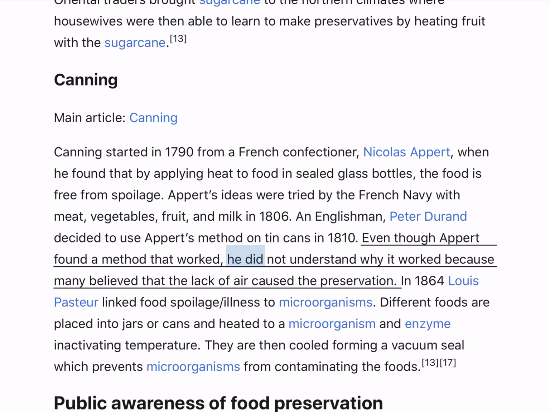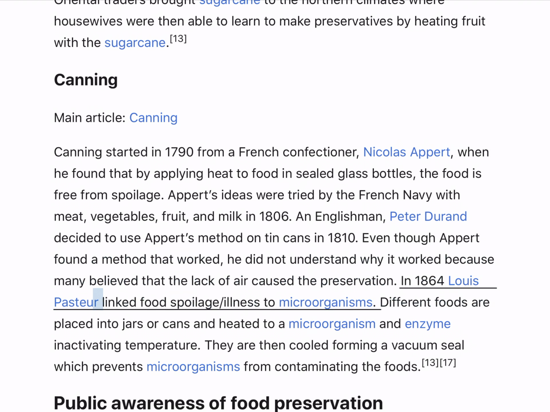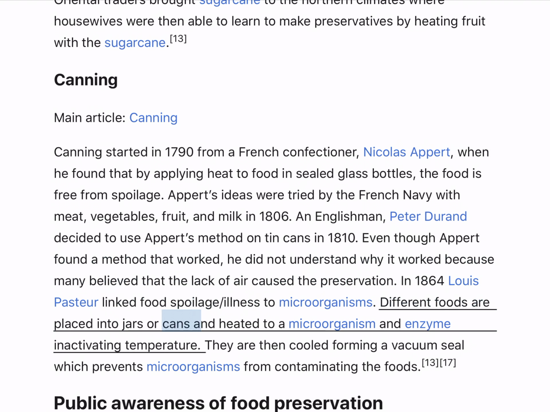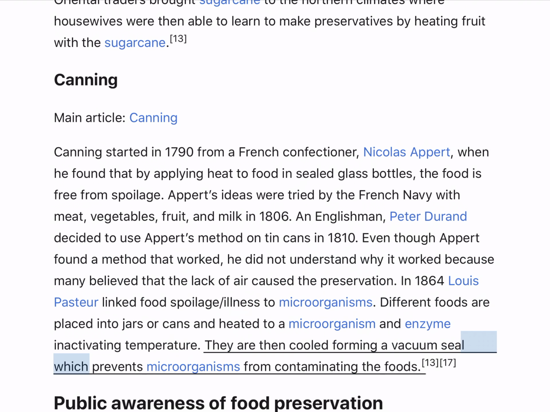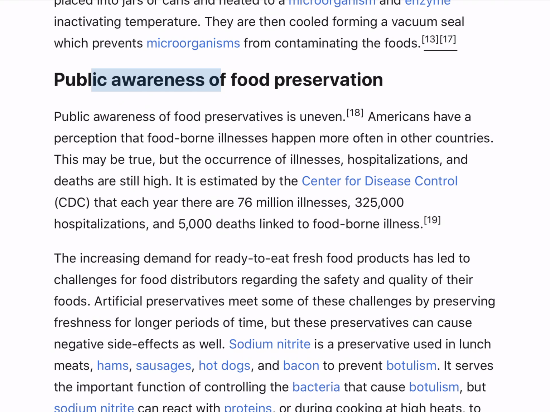Even though Appert found a method that worked, he did not understand why it worked because many believed that the lack of air caused the preservation. In 1864, Louis Pasteur linked food spoilage illness to microorganisms. Different foods are placed into jars or cans and heated to a microorganism and enzyme activating temperature. They are then cooled, forming a vacuum seal which prevents microorganisms from contaminating the foods.